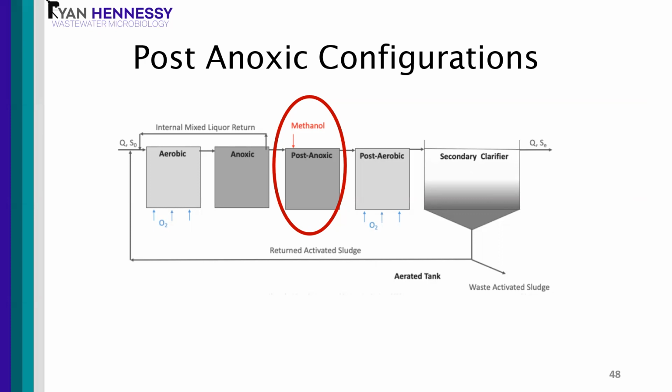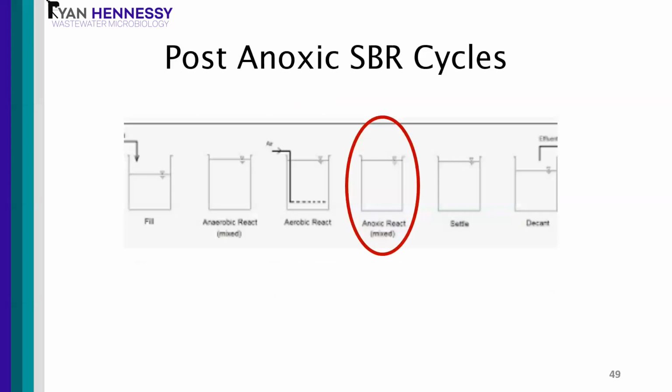And as a general rule, it's always good. You see on this schematic here, you have a post-aerobic zone. So you don't want to go into the final clarifier, the secondary clarifier, without free dissolved oxygen, because if you have nitrate present and no free dissolved oxygen, now you're putting yourself at risk to have floating sludge in the clarifier. One of the nice things about SBRs is you can set up different cycles and different times for different reactions.